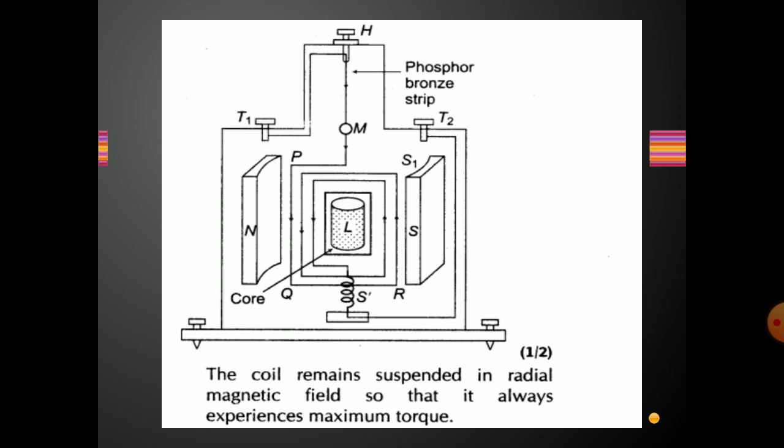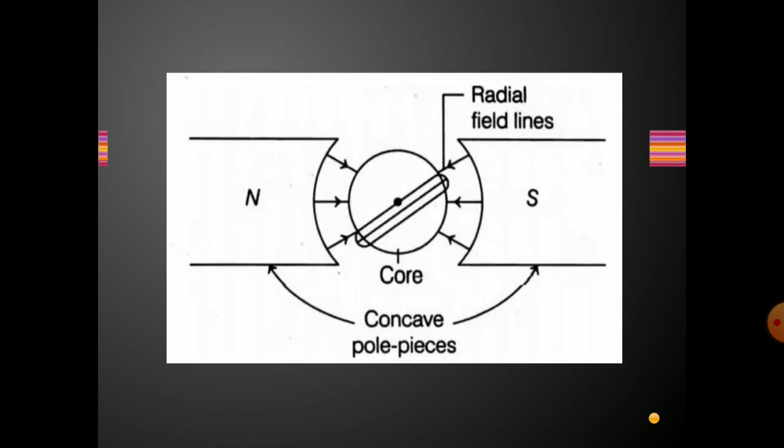Here you can see N and S, the two poles which are in concave shape, and we can see a mirror M, which is used to find the deflection of the coil. Here you can see how a radial magnetic field turns the rectangular coil.